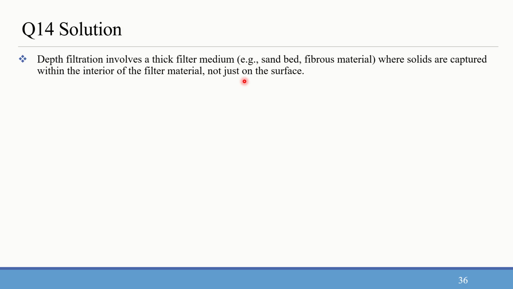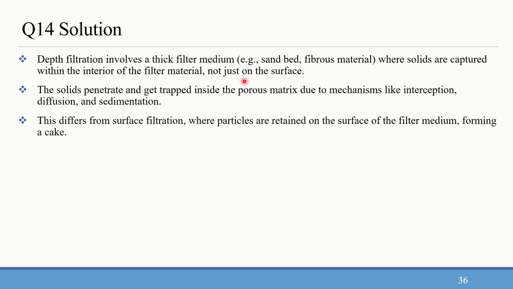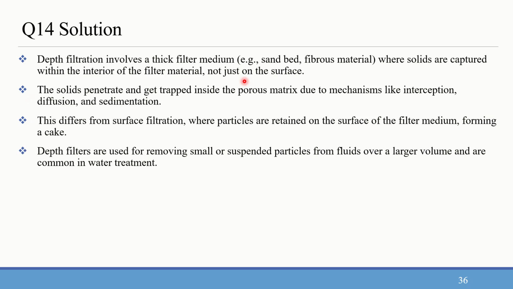The solids penetrate and get trapped inside the porous matrix due to mechanisms like interception, diffusion and sedimentation. This differs from surface filtration where particles are retained on the surface of the filter medium forming a cake. Depth filters are used for removing small or suspended particles from fluids over a large volume and are common in water treatment.